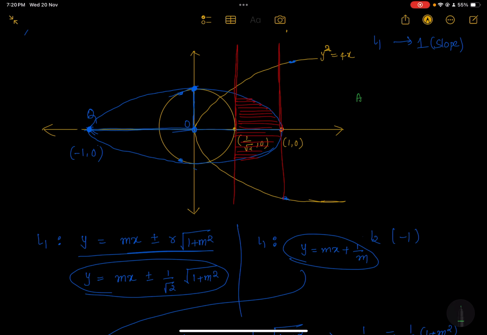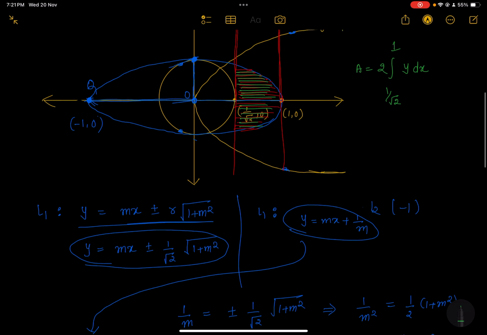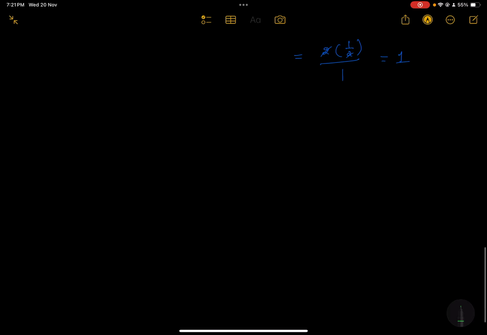This area will be the integral, x goes from 1 by root 2 to 1, of y dx. This will give the top portion. If we do twice of that, that will give the total area. So now let us go ahead and solve this. Area is equal to twice the integral from 1 by root 2 to 1 of y dx.